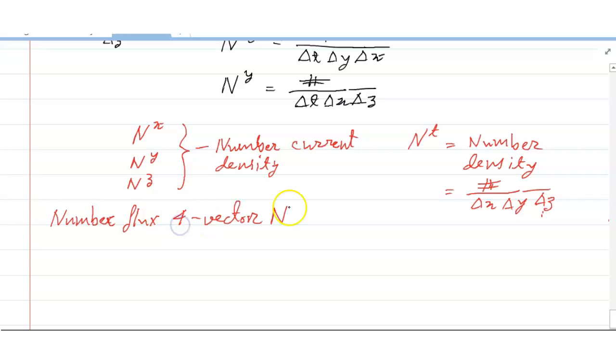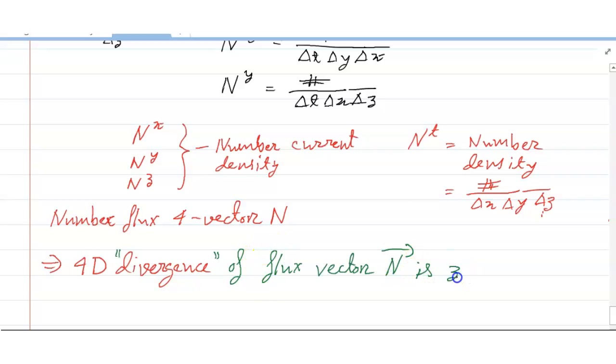The number flux 4-vector capital N. The mathematical version of the statement is that the 4-dimensional divergence of the number flux 4-vector is 0, given by the formula. That implies the 4D divergence of flux vector n is 0.